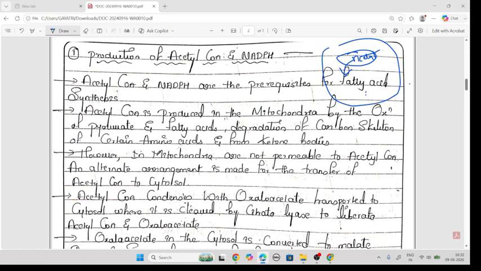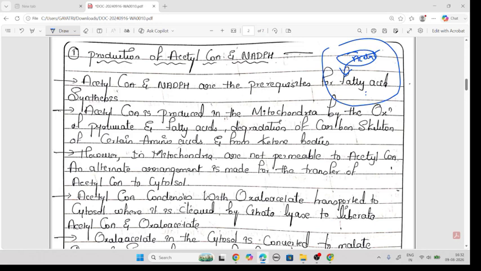So another system has been arranged so that the acetyl CoA can come out of the mitochondria and reach the cytosol of the cell.